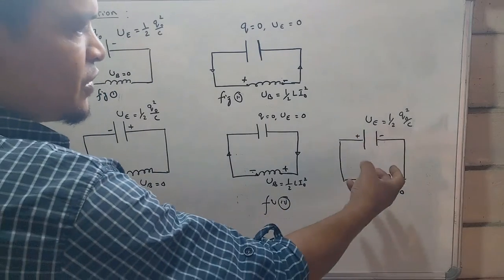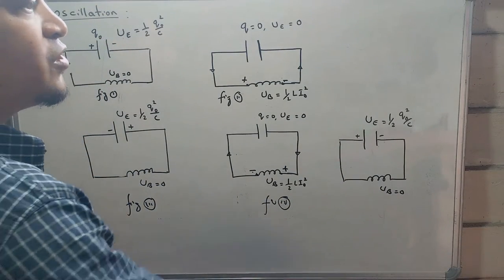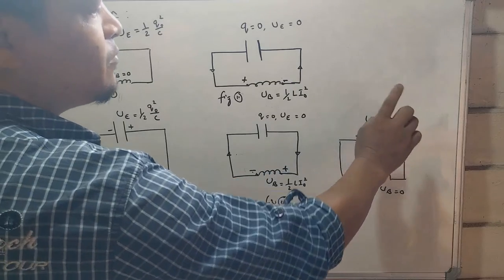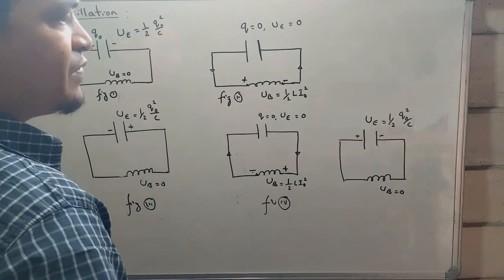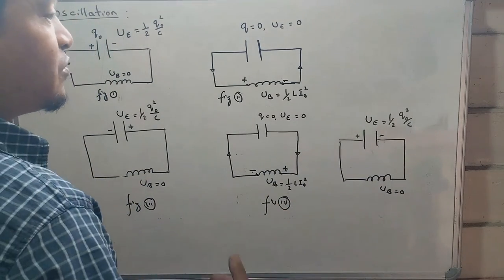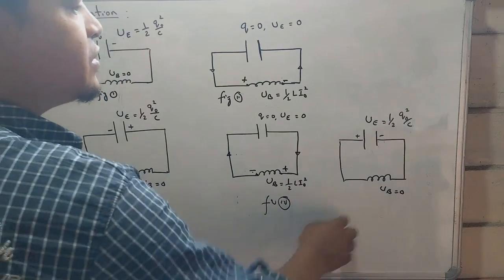So this process continues until the capacitor gains back that original energy, which means the electrical energy will become half Q0 square upon C, and as this inductor has fully transferred its energy to the capacitor, you will find the magnetic energy in this case is 0.